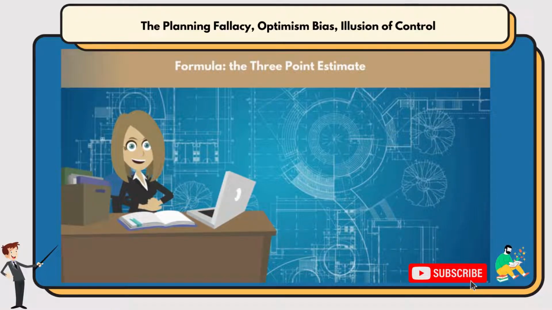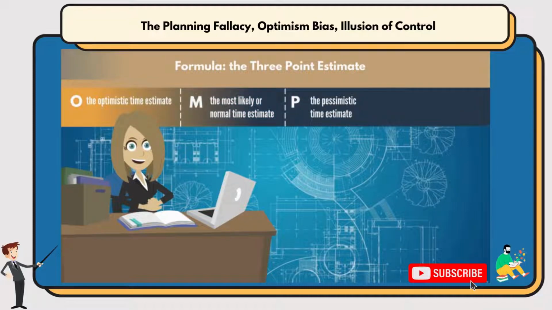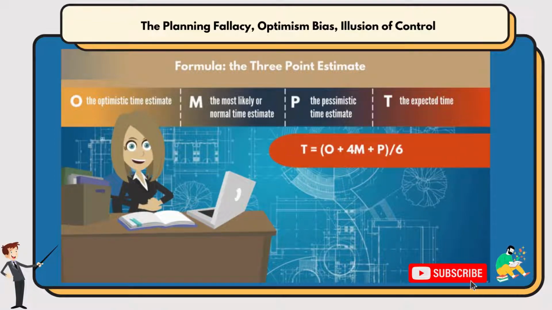But if they need to, they can think of each task as having 3 time estimates. The optimistic time estimate we'll call O. The most likely or normal time estimate, we'll call M. And the pessimistic time estimate, P. The expected time, T, is estimated by putting the values into the following formula. Plug the numbers in and you get a time estimate.